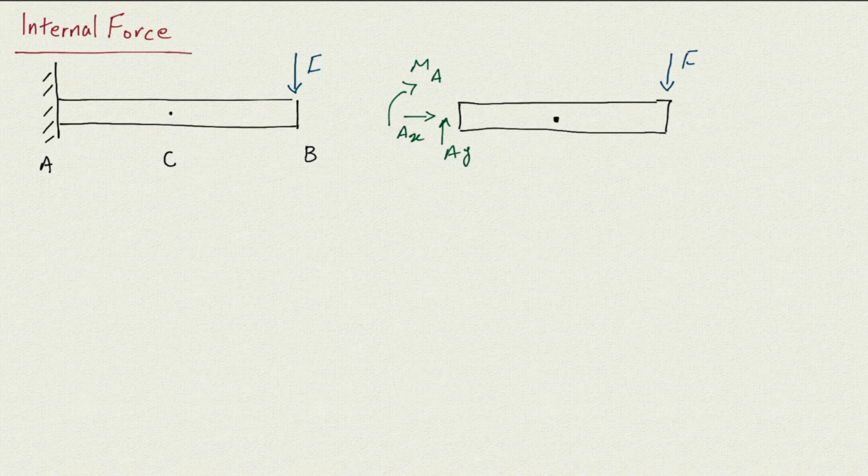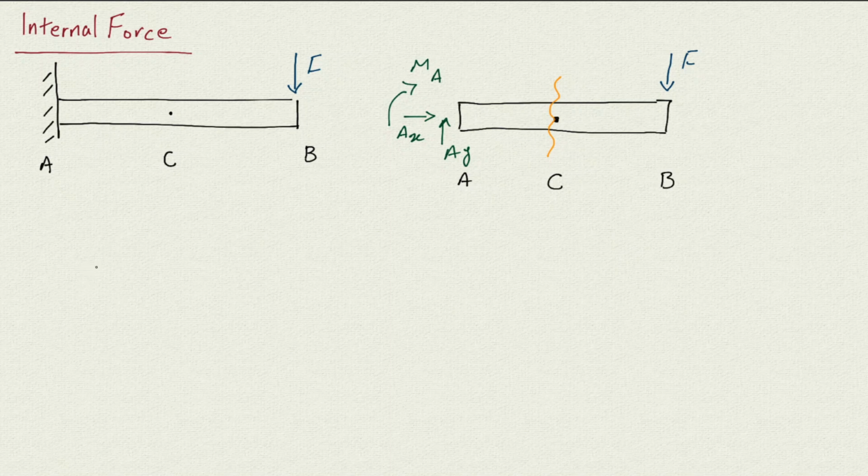So what we will generally do is cut through. In other words, assume I cut this at point C, so I divide this beam into two beams. One of them is going to be from point A to point C, and the other one is going to be from C to point B, and I'm going to draw them to see what we will have.